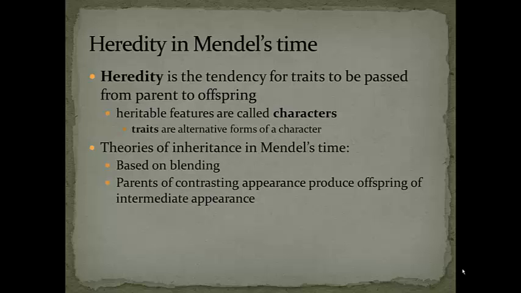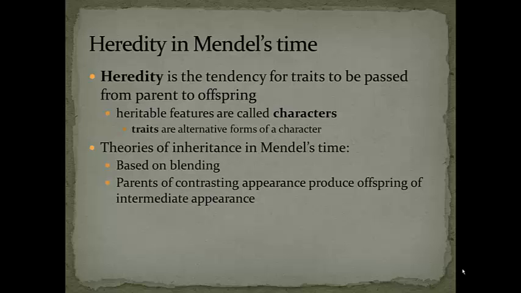Now, when Mendel was working, the theories of inheritance were based on something called blending, where parents of contrasting appearance produce offspring of intermediate appearance. And it sounds good at first glance because we all kind of look like mom, kind of look like dad. We're somewhere in the middle.